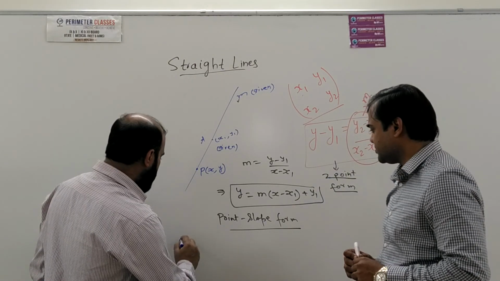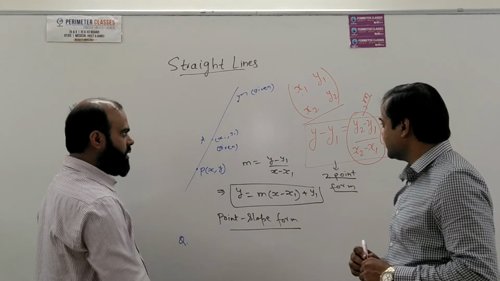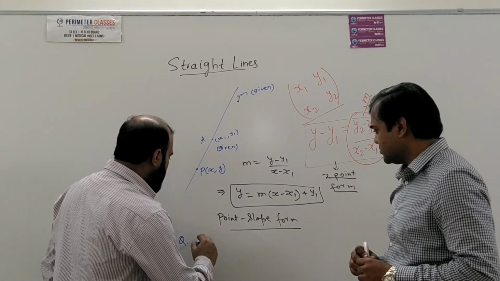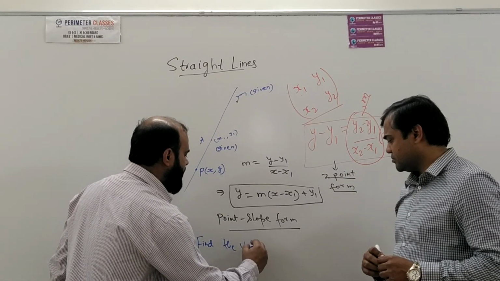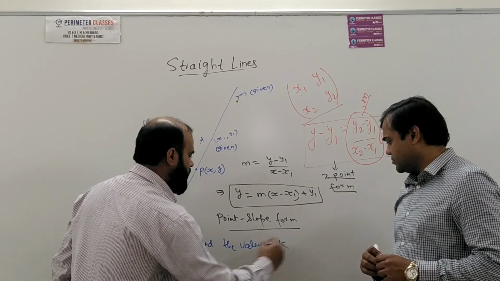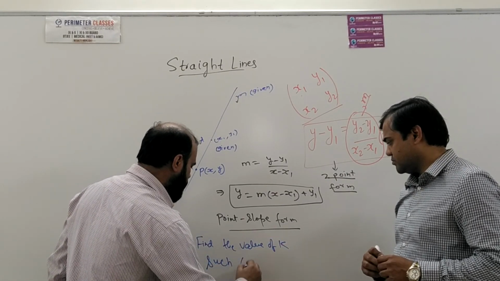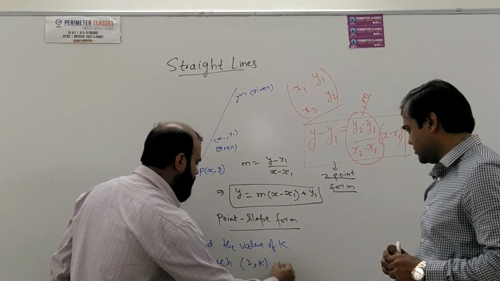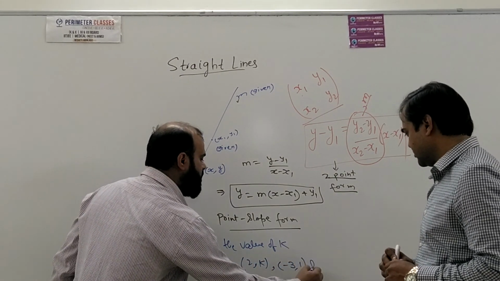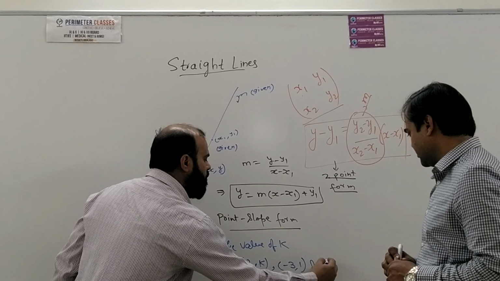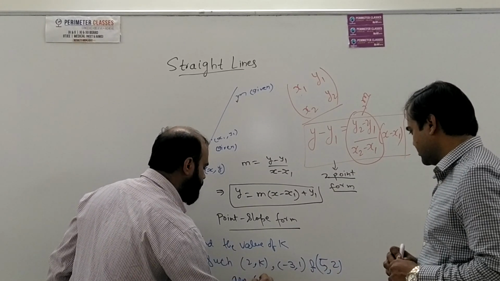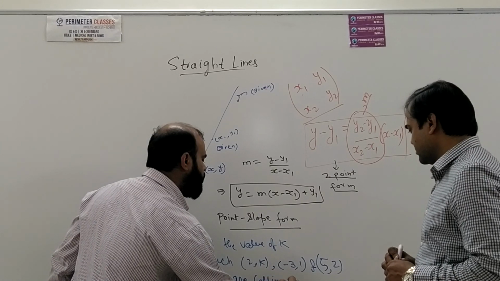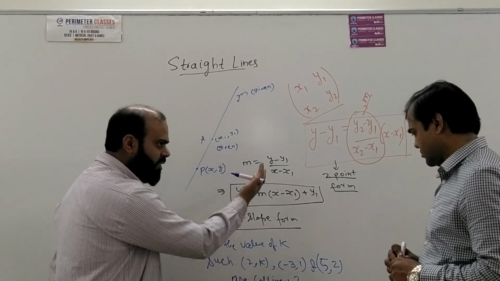So there is a question for you, as we have studied in this lecture. Find the value of k such that (2, k), (-3, 1) and (5, 2) are collinear. I think you can try to apply this concept a little bit.